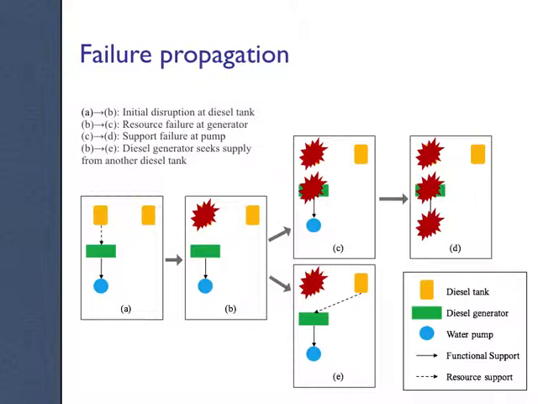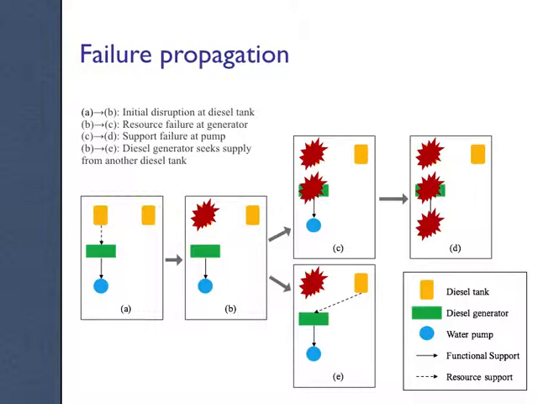These are two different scenarios, but the basic idea is that going from A to B to C to D, we can see a progression of the failure moving throughout the system. And it doesn't always have to mean that, for example, the diesel generator has failed. It may not have a fundamental failure mode, but if it doesn't work, then that's how we define this propagation of a failure, right? So if the generator needs some sort of diesel fuel to run, and the diesel tank has failed, then the diesel generator can't function anymore.